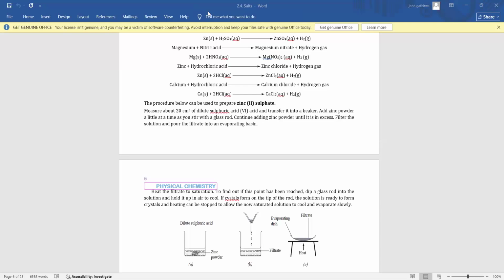How do we separate a mixture of ammonium chloride, sodium chloride, and lead sulfate? How are we going to separate the three, using the concept on solubility?